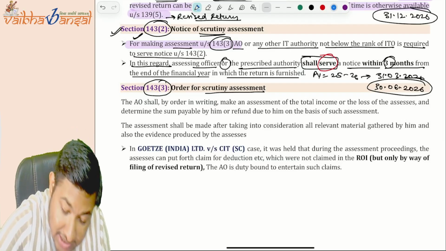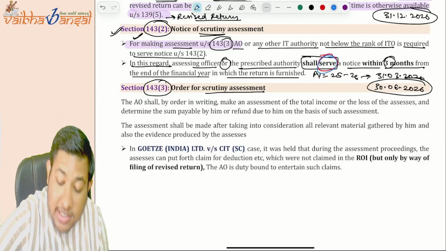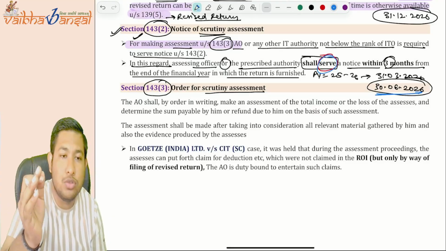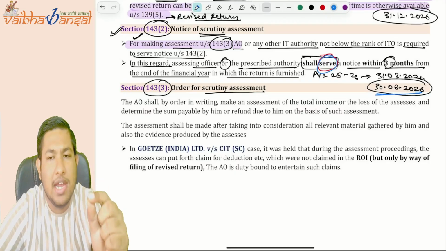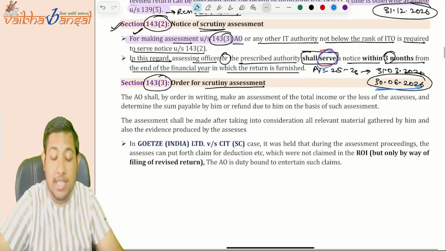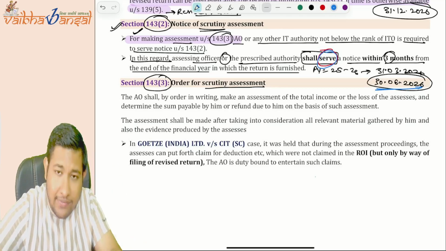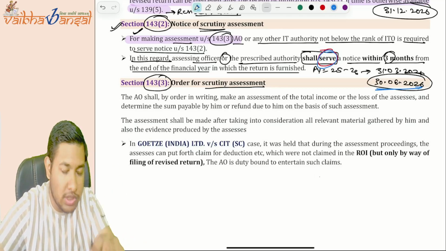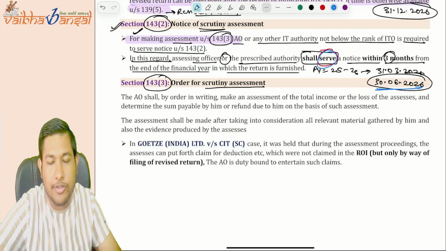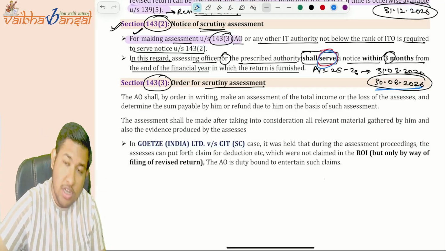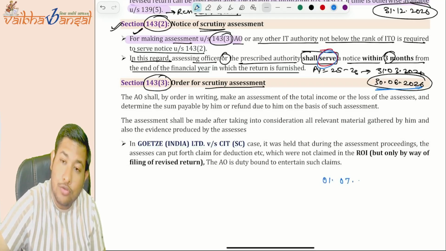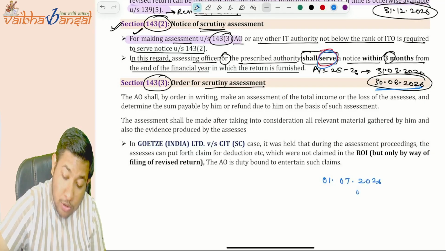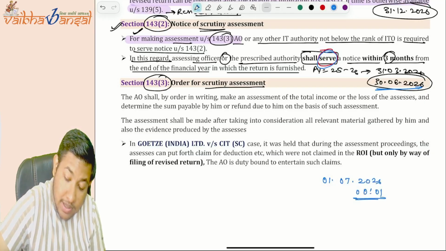So if the word serve is written there, it should be served by 30th of June 2026, meaning it should be received by the assessee by 30th of June 2026. Suppose the assessee received the notice of the scrutiny assessment on 1st of July 2026, at 00:01 AM.